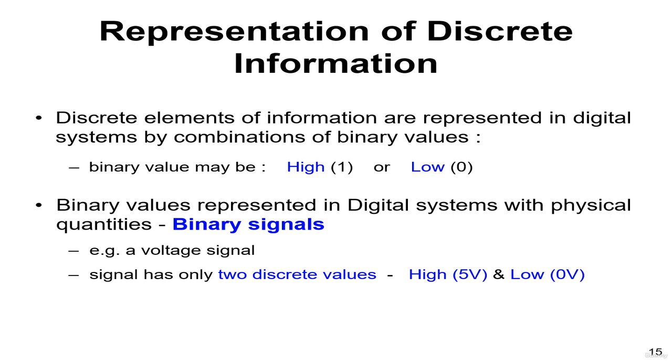These binary values of digital information in a signal are stored using physical quantities such as voltage. The high level or the 1 can be represented using 5 volts, and a low level or the 0 can be represented using 0 volts.